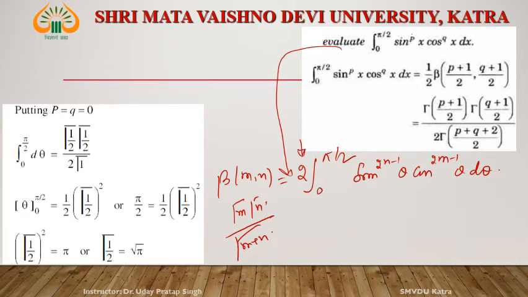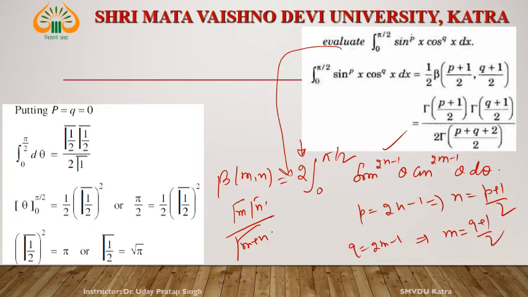See, what is p? P is equal to 2n minus 1. Then what is n? n is equal to p plus 1 by 2. Similarly, q is equal to 2m minus 1. Then what is m? m is equal to q plus 1 by 2. So replace on the left hand side p plus q divided by p plus q.